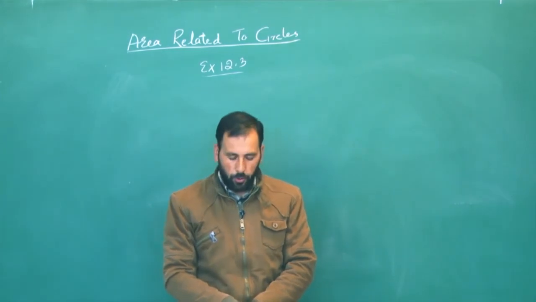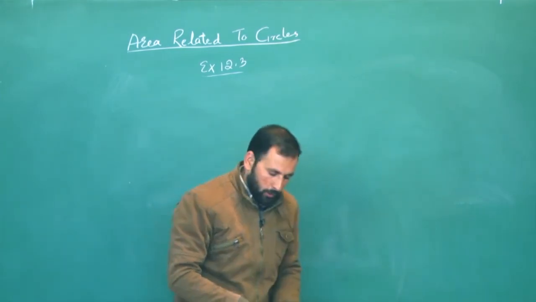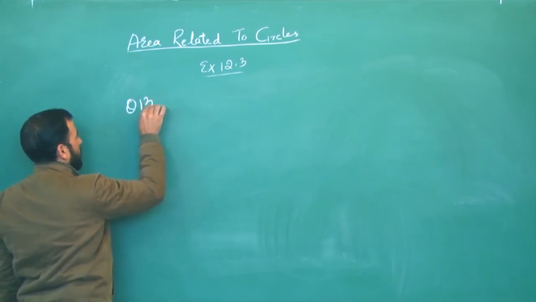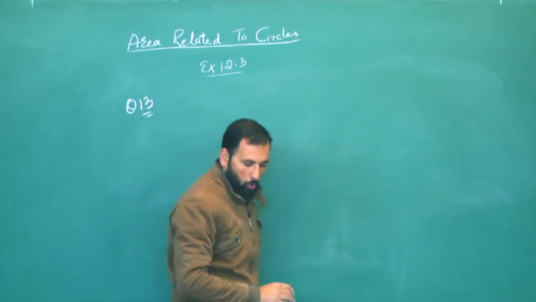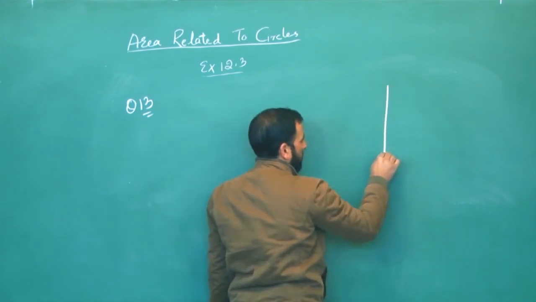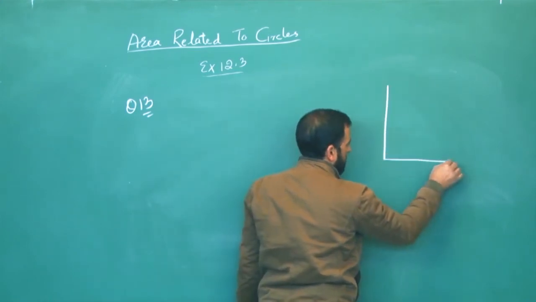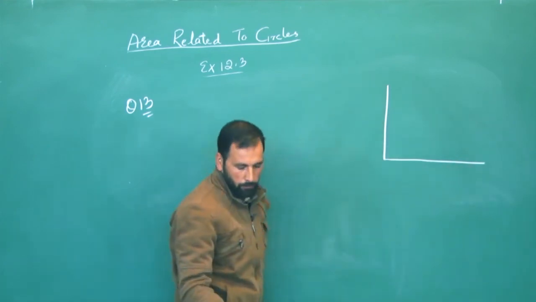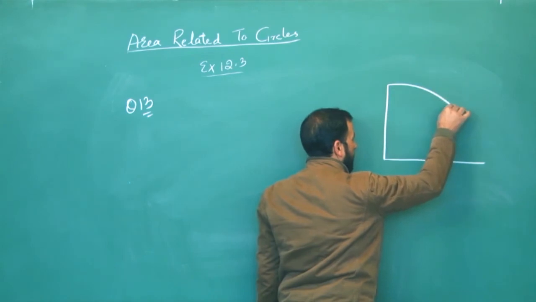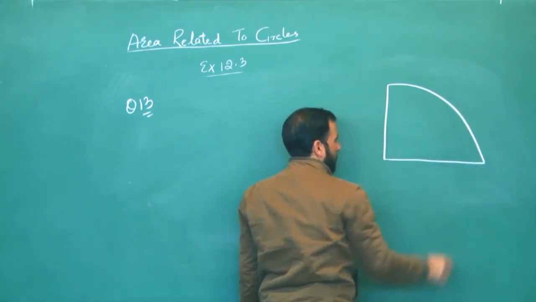Use pi equals 3.14. So, the figure of question number 13 is this. We have a quadrant here like this. This is the figure of question number 13.